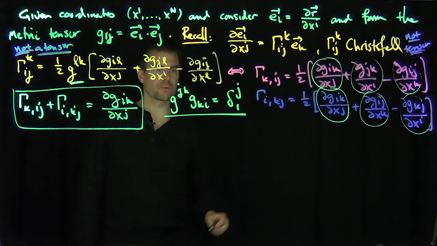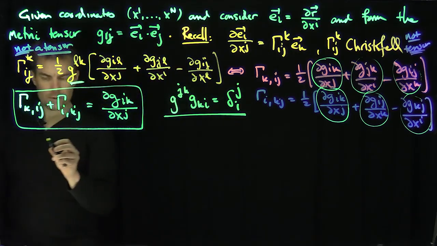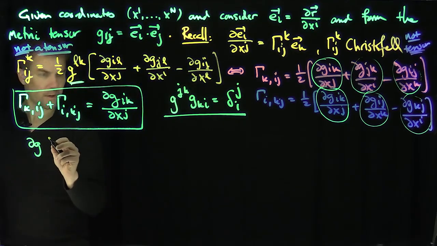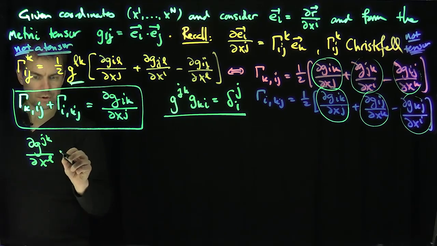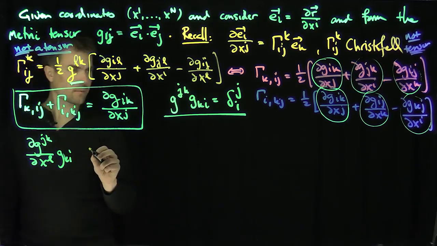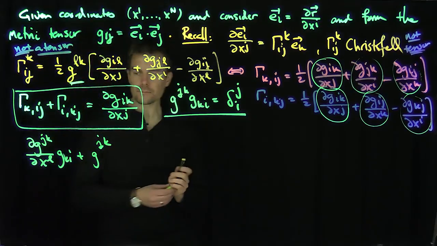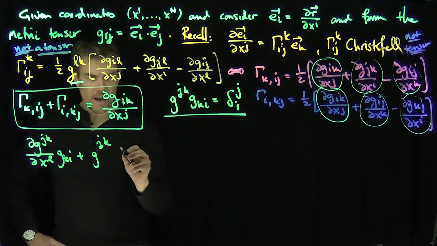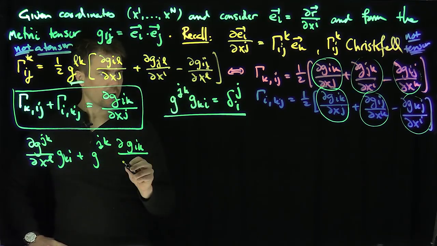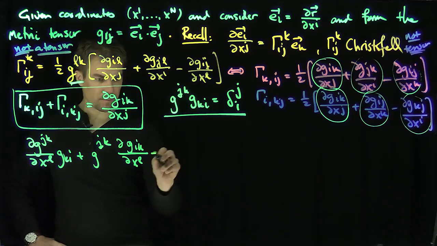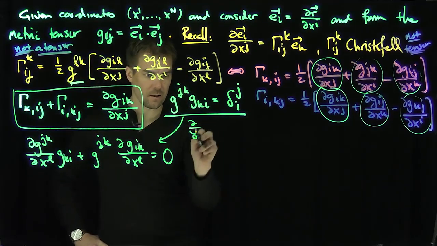So let's take this inverse relationship and differentiate with respect to xl, for example. That would say that partial g^{jk} with respect to xl times g_ki, plus g^{jk} times partial g_ik with respect to xl, is equal to 0, by differentiating this relationship with respect to xl.